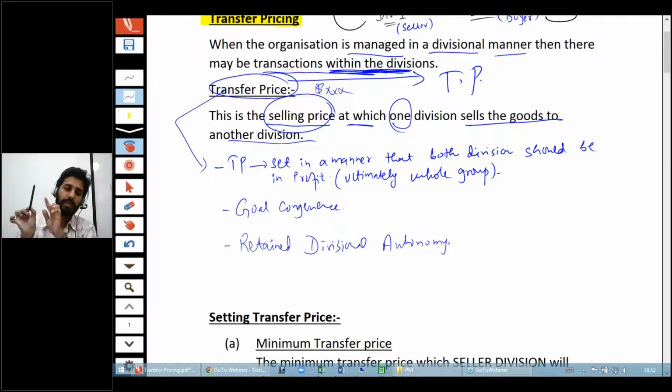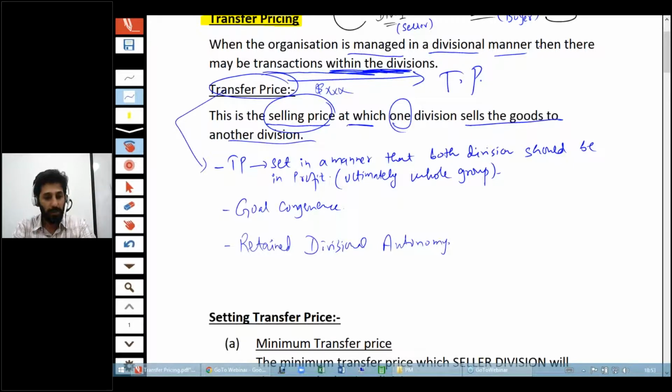If I am purchasing this product from you, or if I am purchasing it from the outside market, from some strange supplier, he is charging me the cost, profit to him. So what's wrong with that? Why cannot I purchase it from you, my family member?